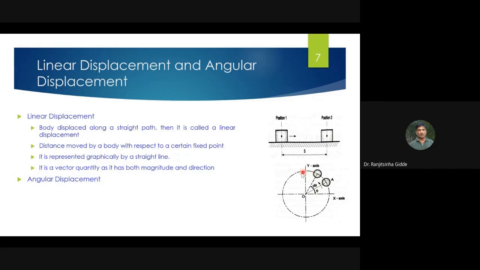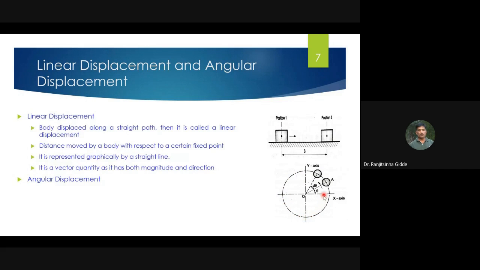Now, as per this figure, this is again a circular path. This is body A, and it will have motion along this curved path from this point to this point.